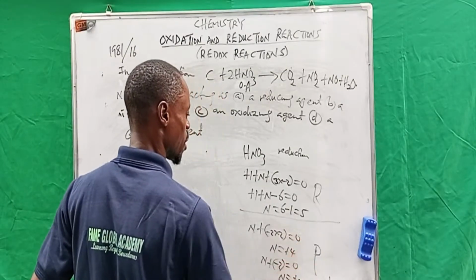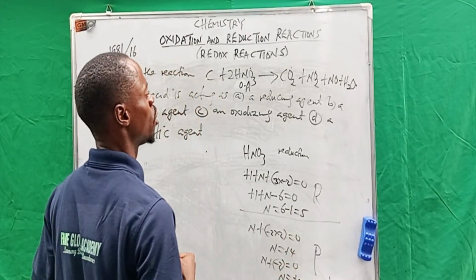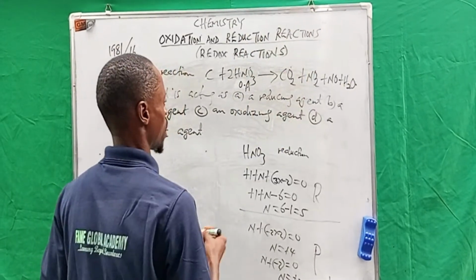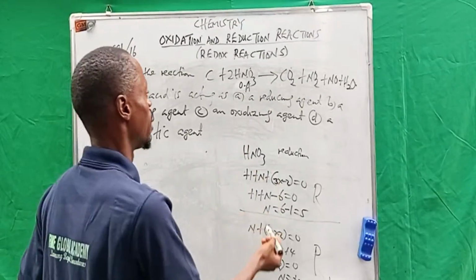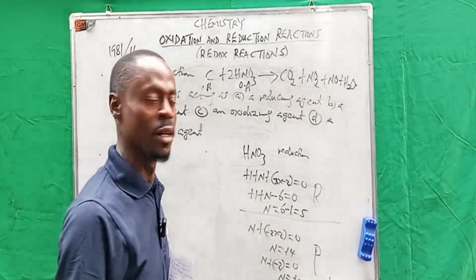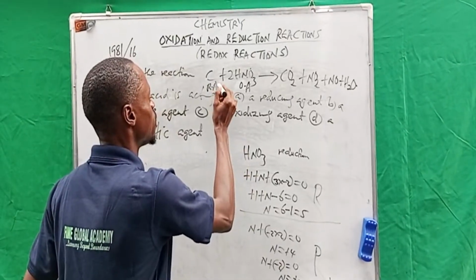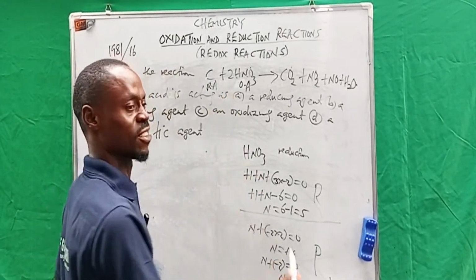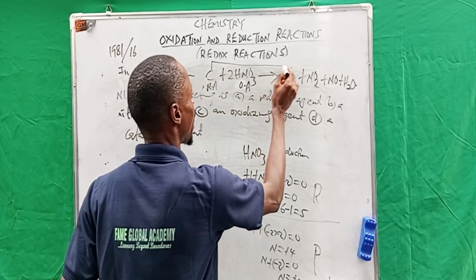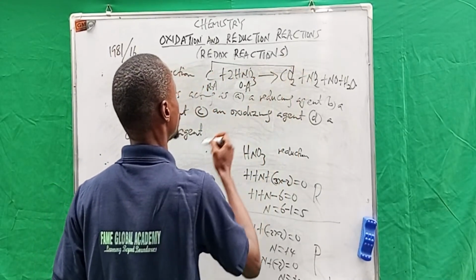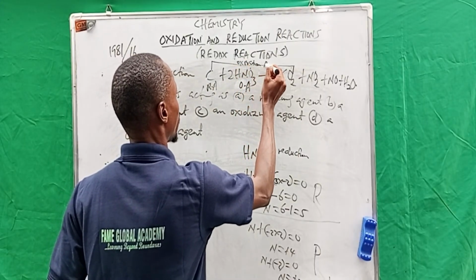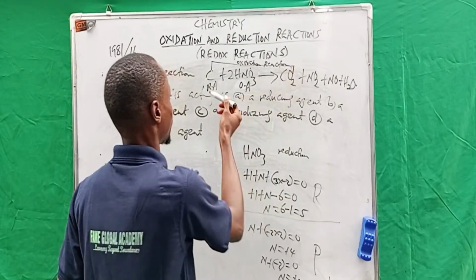There's a decrease in oxidation number as we proceed from the reactant side to the product side. A reducing agent is the one that is oxidized. Carbon has been oxidized to carbon(IV) oxide.